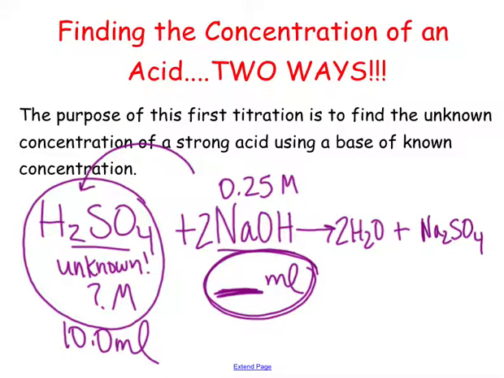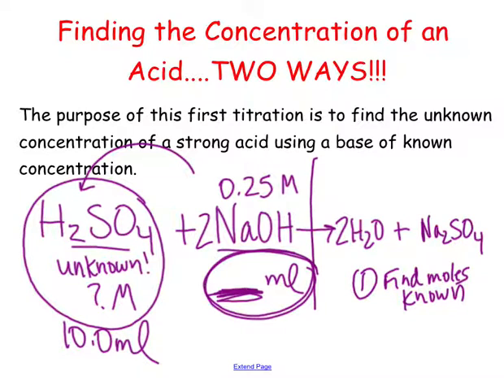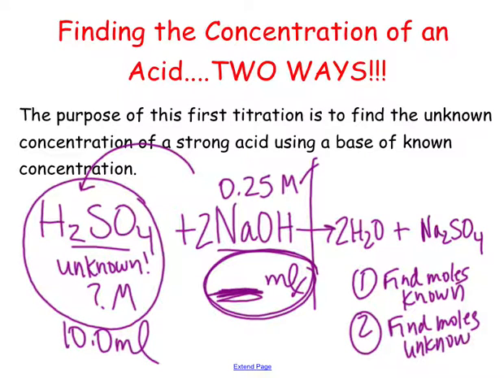Once we get this mil value, we can follow the steps we talked about in class. First, to find the moles of the known. Well, that sodium hydroxide is our known. We can find moles from molarity in liters really easily, right? And then the next step is to find the moles of the unknown, and that's through stoichiometry.